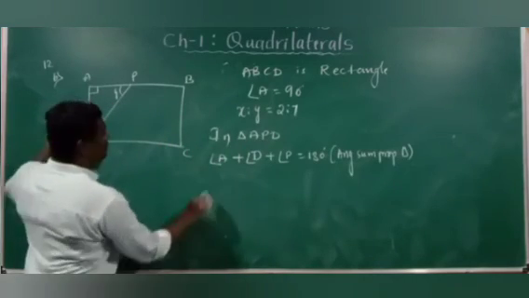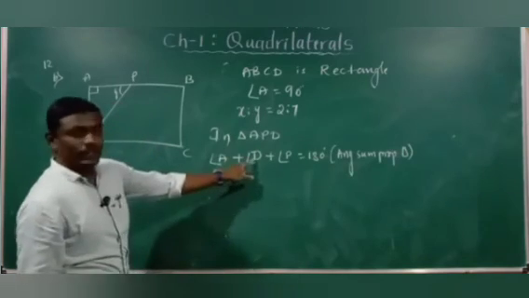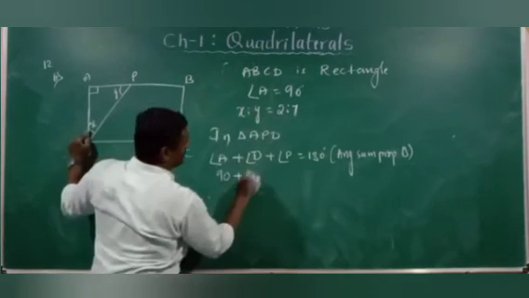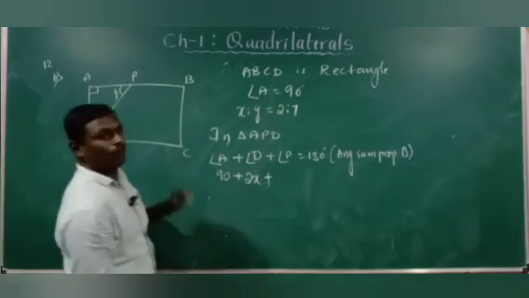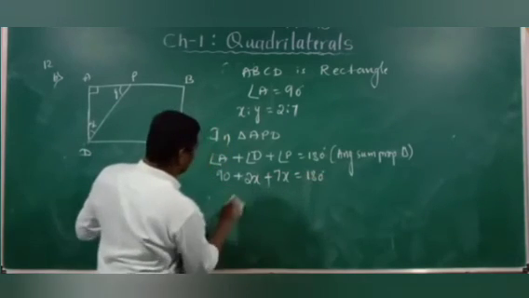Angle A is 90 degrees. Angle D is in the ratio 2x and angle P is in the ratio of 7x, so the sum is equal to 180 degrees.